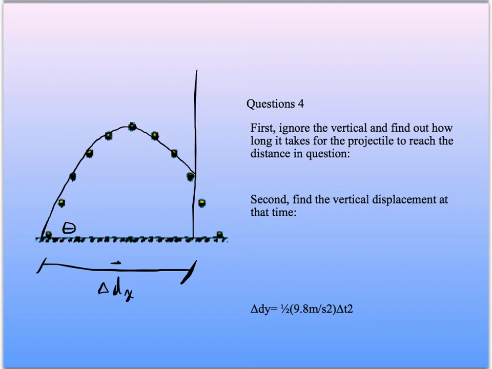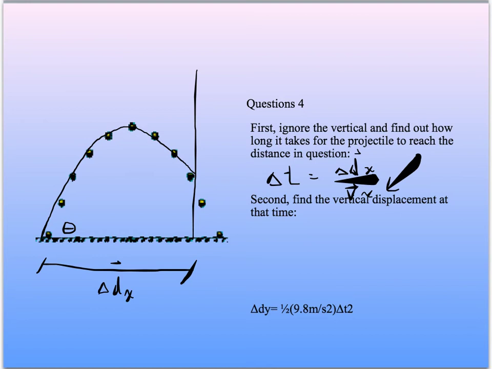Rearranging v equals d over t, delta t will equal delta d divided by v, so delta dx divided by our vx. In order to find vx, we'll need to break our initial v into horizontal and vertical components.